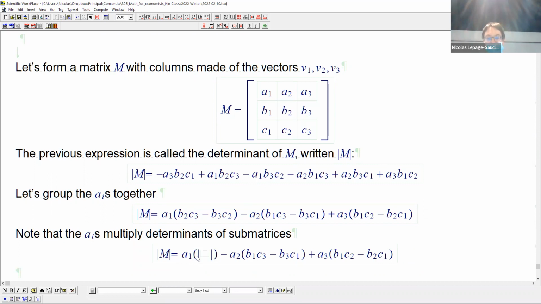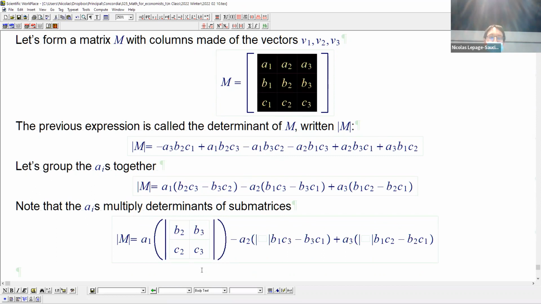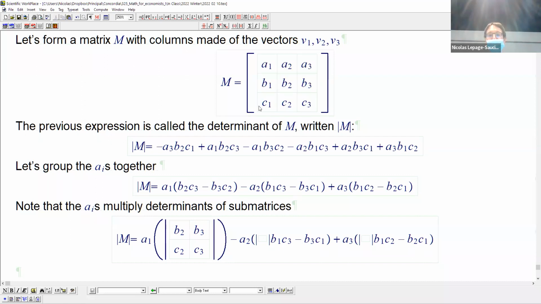And B1 C3 minus B3 C1, that's the determinant of a submatrix that would be made with column 1 and column 3.